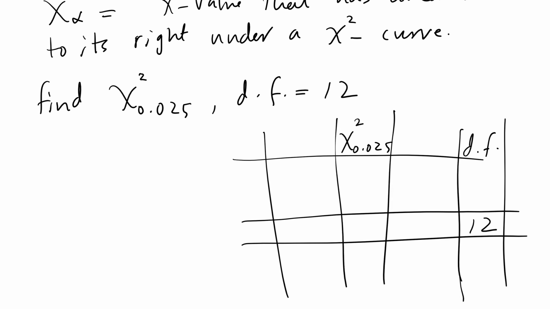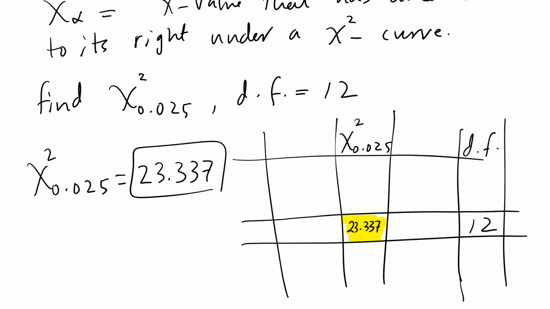The number that you see there is 23.337. So chi-square of 0.025 equals 23.337. That's how we find it.